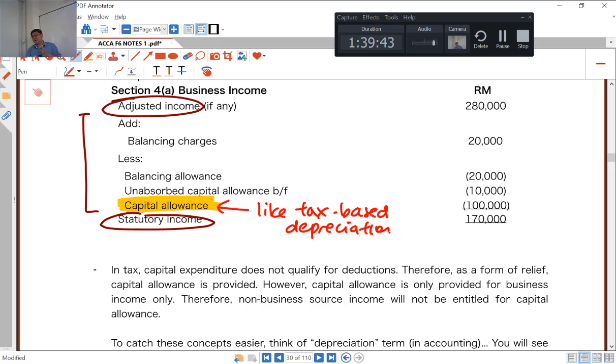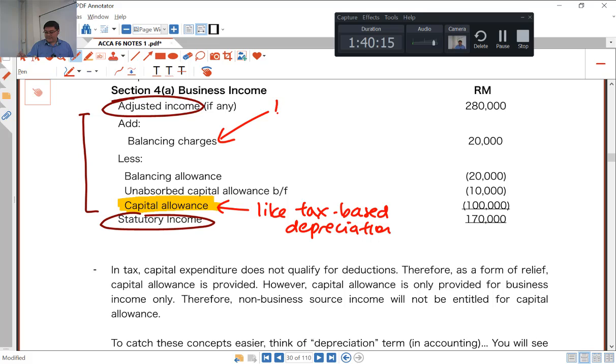Now, we know very well that in accounts, when we claim depreciation, we don't just have depreciation. When we dispose of an asset, you must work out the gain or loss on disposal. So the same thing must happen in tax. Even if you claim capital allowances, when you dispose of an asset, you also need to calculate a figure called gain or loss on disposal. But we use our own term. Instead of calling it gain on disposal, we call it balancing charge.